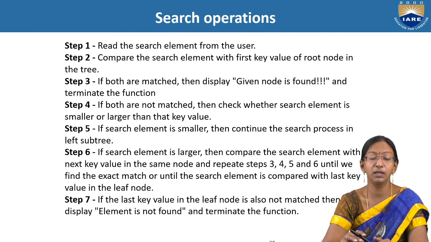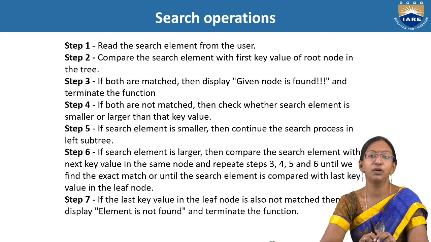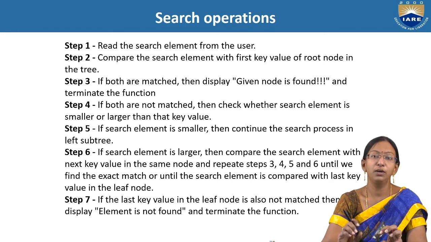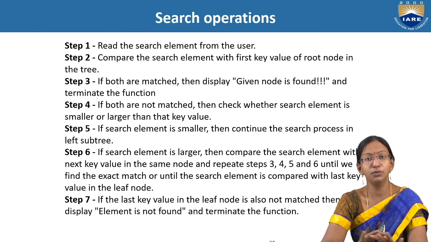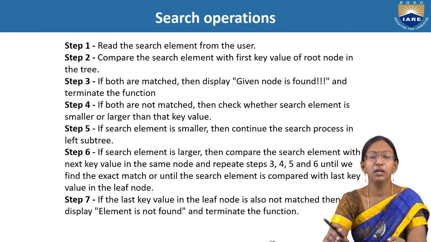Search. Have a look at the algorithm. Initially, read the element which you want to search for in your B tree. Hold the root node first of all. As the elements are placed in ascending order, compare with each and every key value present in your root.